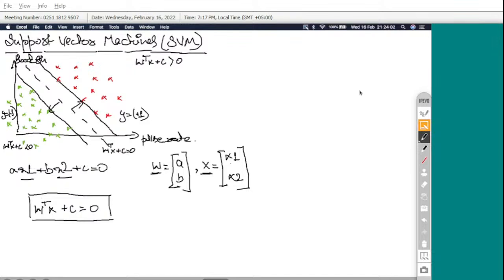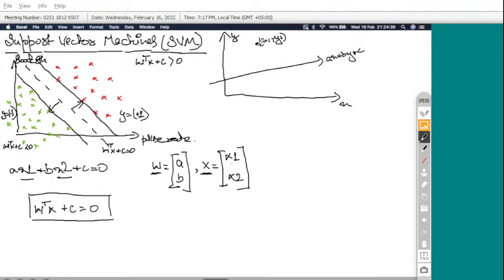Perfect. Now let's see how exactly we calculate the distance of a line from a point. Let's say this is a line. Now I'm using different notations. Suppose this is the x-axis and this is the y-axis. The equation of a line is ax plus by plus c, and there is a point x1 comma y1.